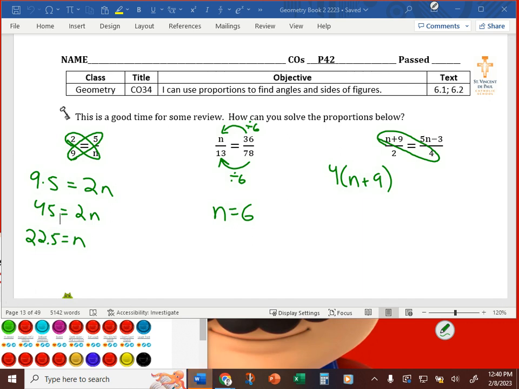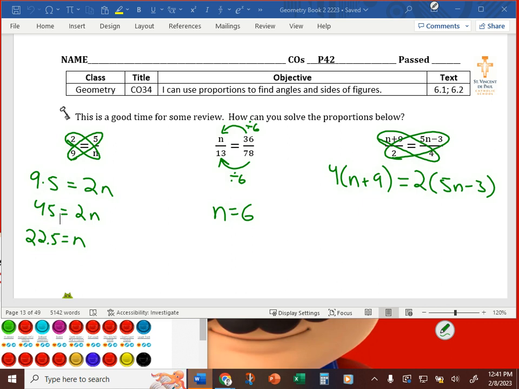We're multiplying 4 by the sum of n and 9, which, as Aiden said, we have to distribute. It's that understanding, that notation. When we do it here, it's not just 2 times 5n, not just 2 times -3. We need to distribute that 2 into the 5n minus 3.